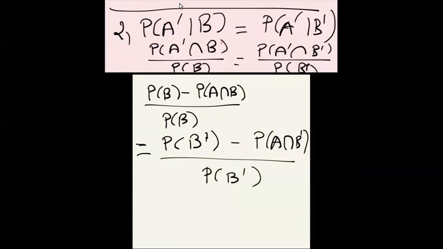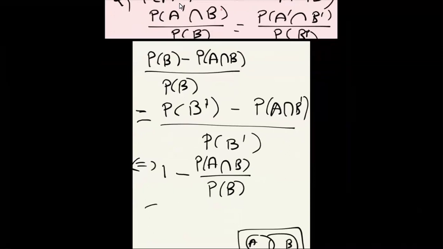And here you can simplify the fraction. This fraction becomes probability of B divided by probability of B, which is 1, minus probability of A intersect B over probability of B. And we do the same thing for the right-hand side. Probability of B complement divided by probability of B complement is 1. And we are left with this one.